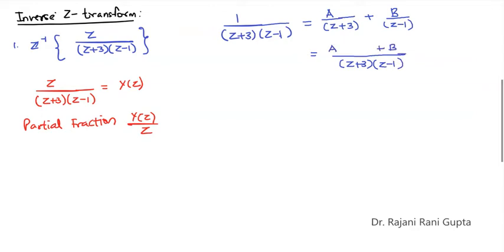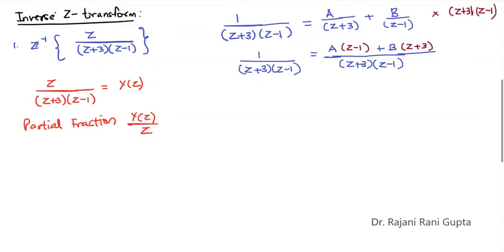To find the terms multiplied with A and B, we multiply both terms with z plus 3 and z minus 1. With A, the z plus 3 gets cancelled, so we have z minus 1, and with B we get z plus 3. This process is explained in detail in my previous video of inverse Laplace transform.